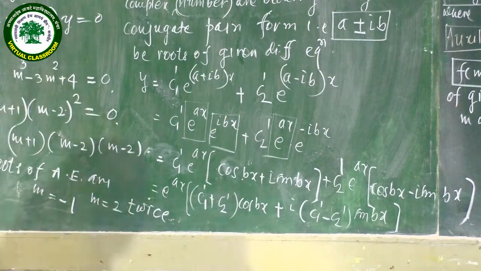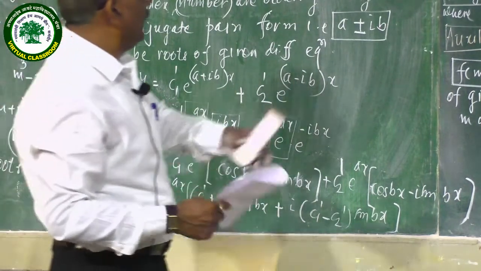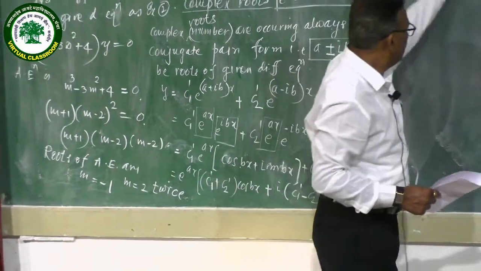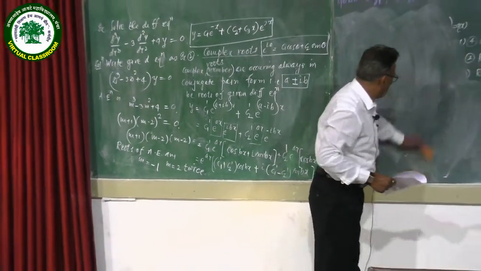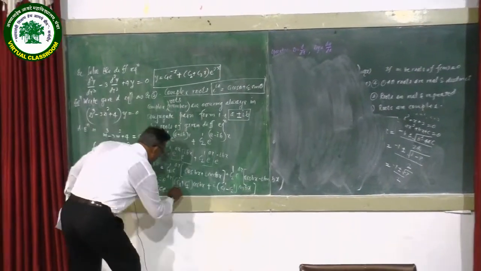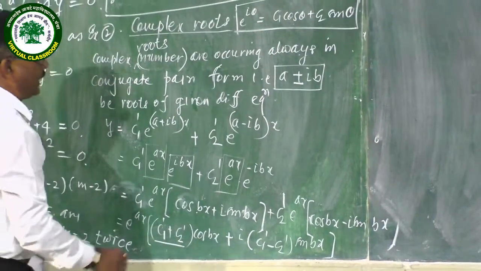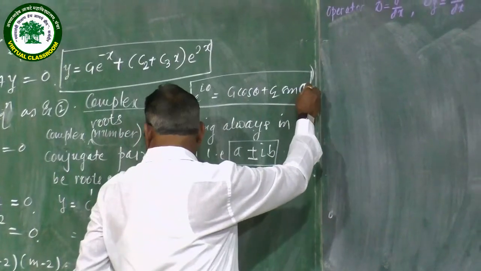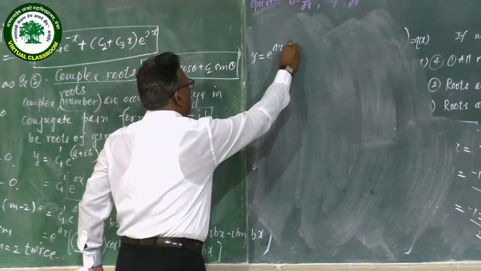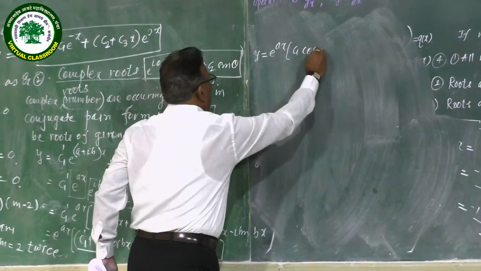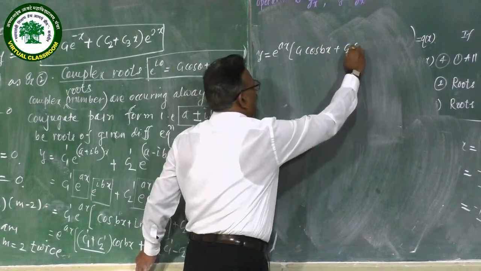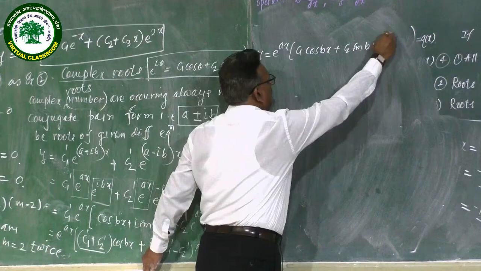Then what will happen here now? It is a very interesting part. For this C1 dash plus C2 dash, I can take C1. Therefore, this equation will be y is equal to e raised to ax times C1 cos of bx plus C2 sin of bx.